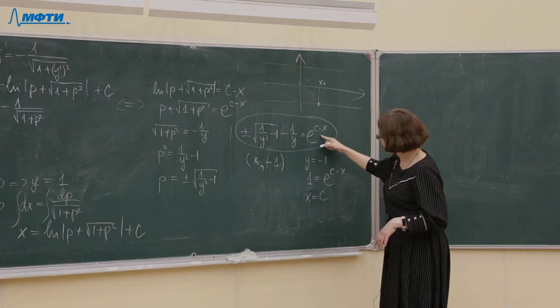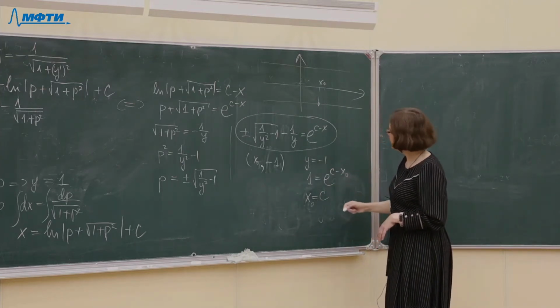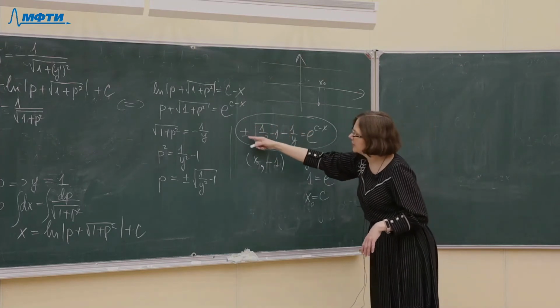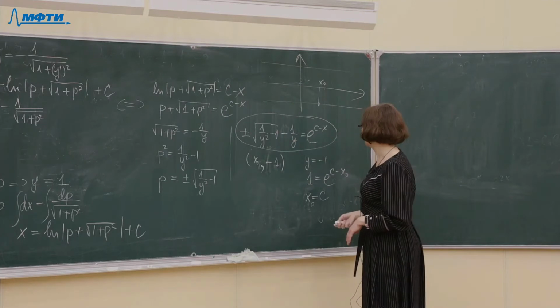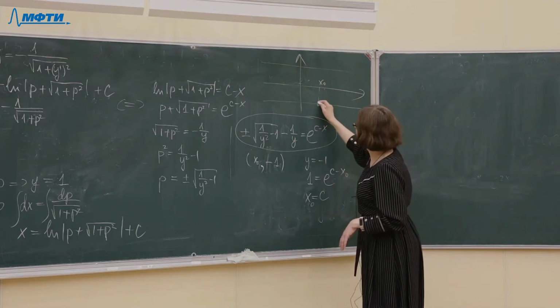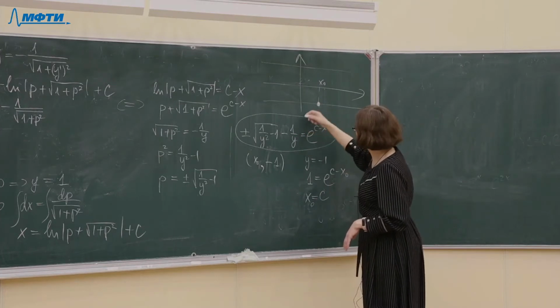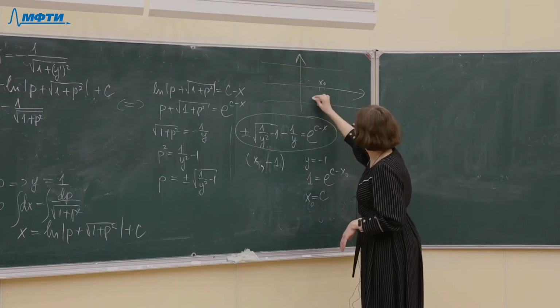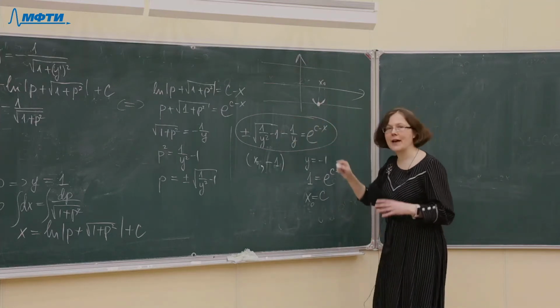Then for c equals x0, there is a function from this family passing through the same point. But the slope is, of course, equal to 0, right? And so it will be some curve from this family.